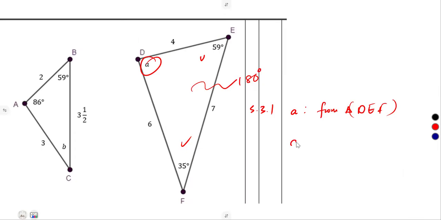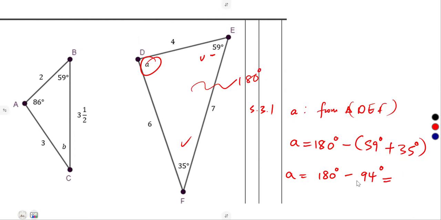So angle A is 180 degrees minus the 59 degrees at E and the 35 degrees at F. 59 plus 35 is 94. 180 minus 94 is 86 degrees. So angle A is 86 degrees.